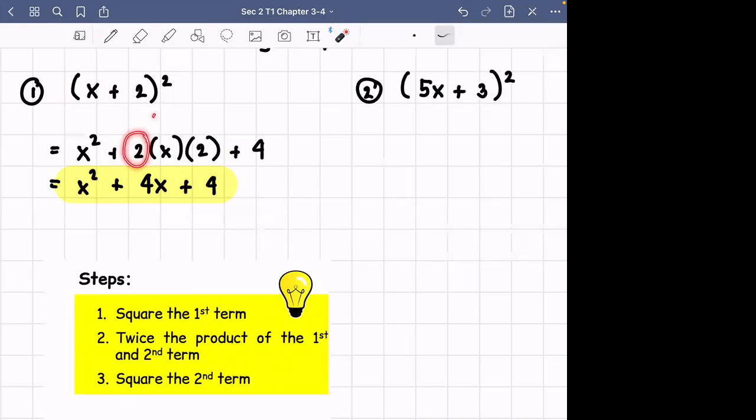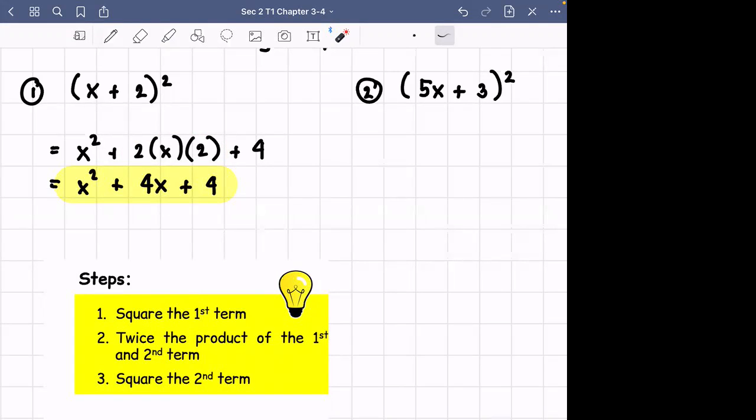Remember this, it's always times 2. Whatever is inside the bracket, it's always twice the product of the first and second term. So this is your first term, and 2 is your second term. So that's why I got this right here.